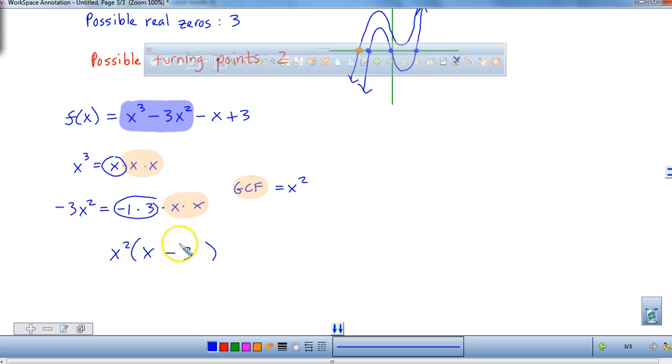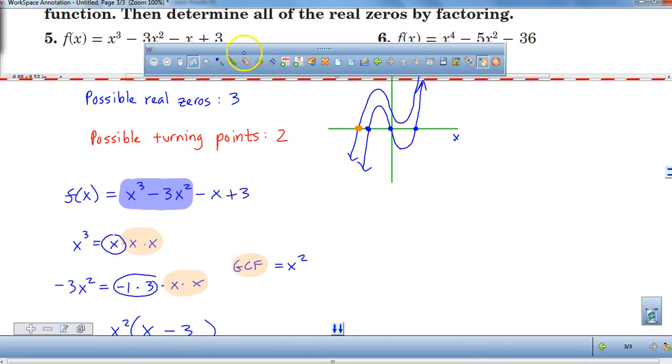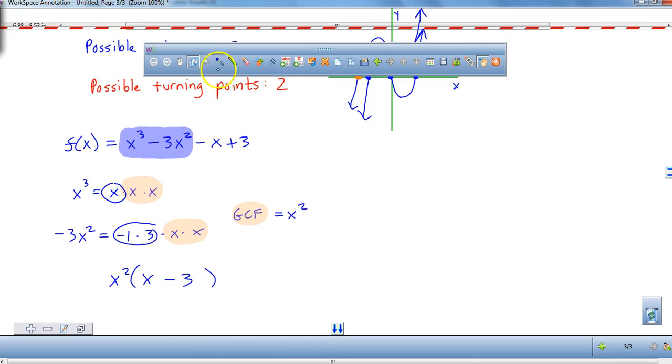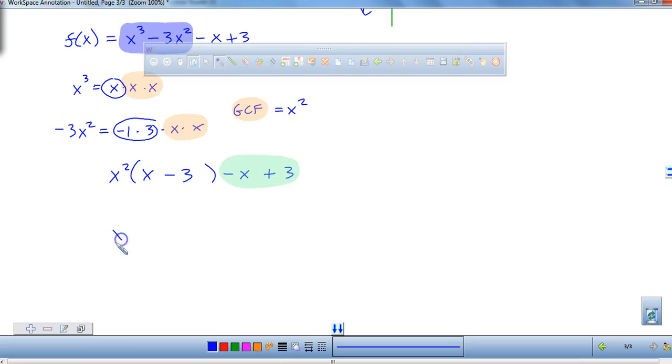So right now I factored out an x squared. Let's see what we have left now. We have a minus x plus 3. Now upon first inspection you might not be able to see, but you can actually factor something out of this negative x plus 3 that will be very useful.